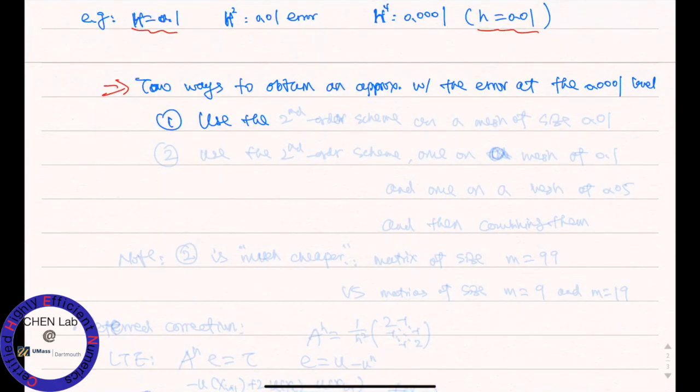One is that you use the second order scheme once, and you would need a mesh of size 0.01.